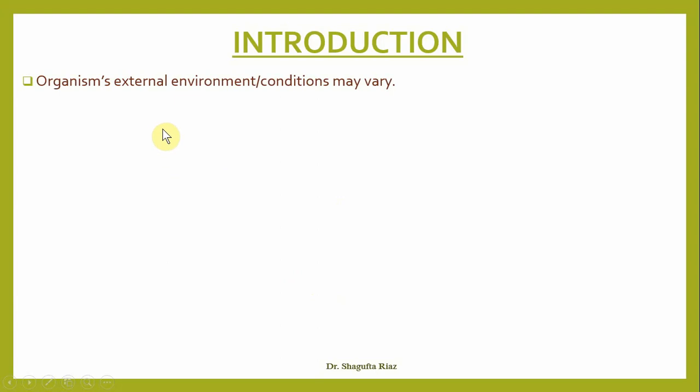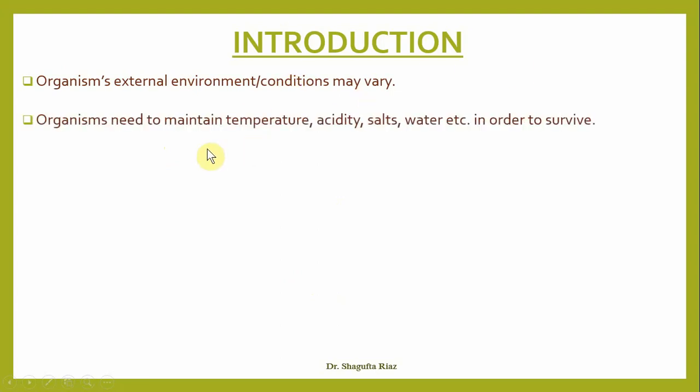Organisms' external environment or conditions in which the organism lives can be different from one another, right? Organisms also need to maintain temperature, acidity, salt and water composition within their body to survive.